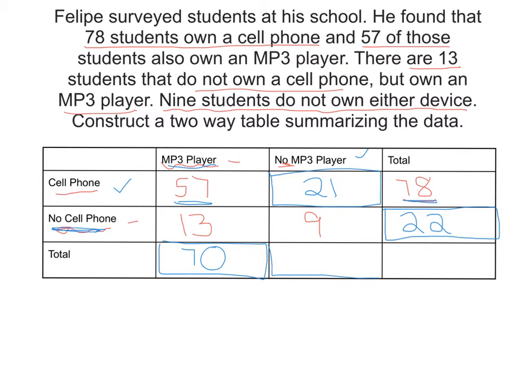And now we can find the total of students that don't have an MP3 player, which is 30. And then now this last box is the total that you could find. Let's see, 78 plus 22 is 100, and 70 plus 30 is also 100. So either way, you will get the total that 100 students were surveyed.